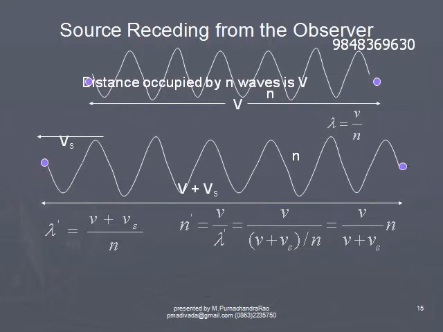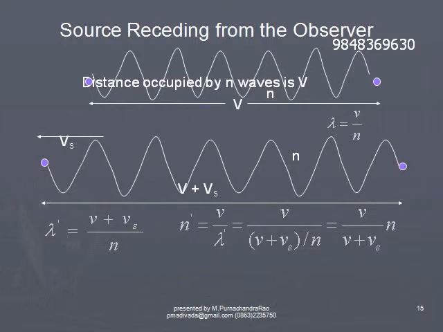So the apparent frequency noticed by the observer will be n prime equal to V by lambda prime, because the speed of the wave is V and its wavelength is lambda prime.